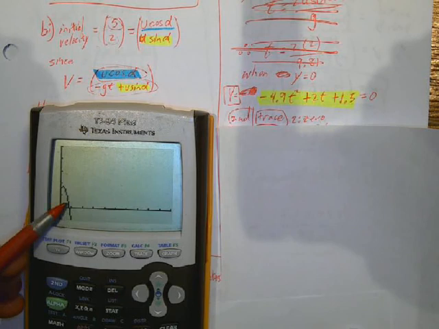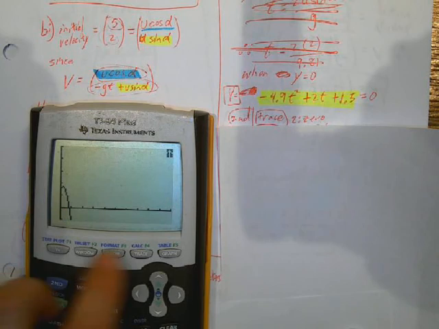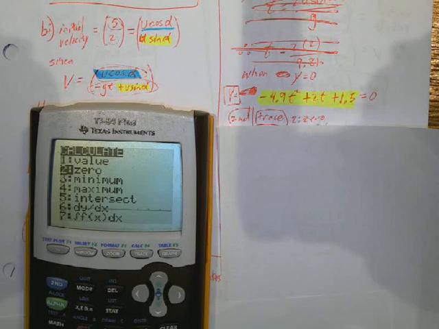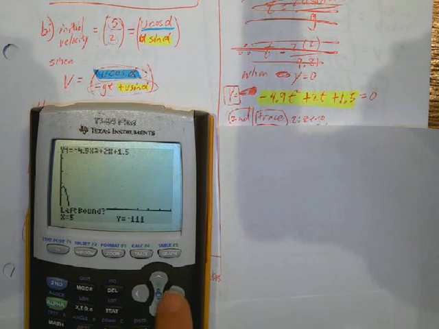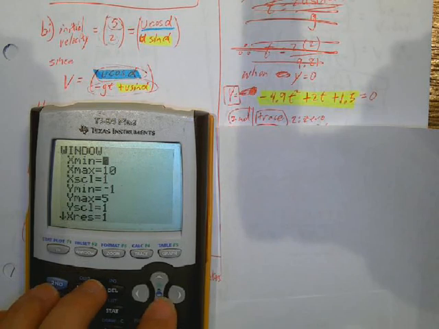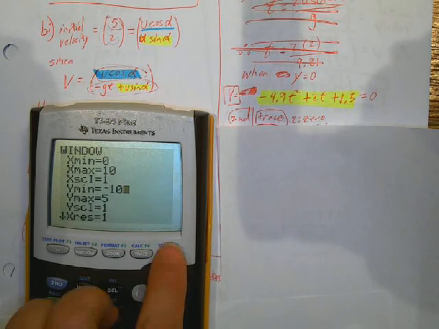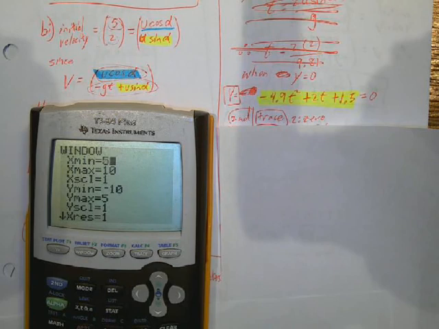So right here we need to figure out what the value is. Second trace, we're going to pick 2 for 0, enter, and I can't really see what I'm doing here. I'm going to change this window again. A y minimum of negative 1 doesn't allow me to see this very well. I wanted to see more of what was going on.